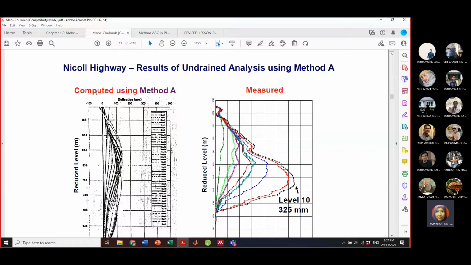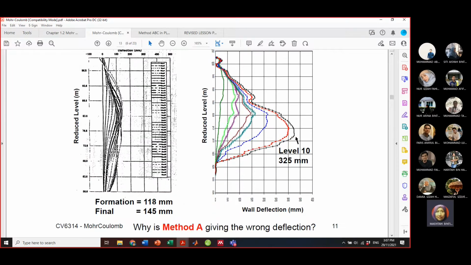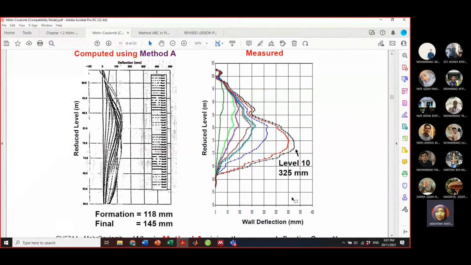Tapi bila dia model pakai method A, you akan nampak the value of the, what it says here, the deflections. You will see that the real deform of the wall on site is actually around 300 mm. Maknanya pada level 10 tu lah bila you buat dia punya excavated soil tu, pada level 10 tu dia punya deformations, dia punya deflection is a 3 to 5 mm.